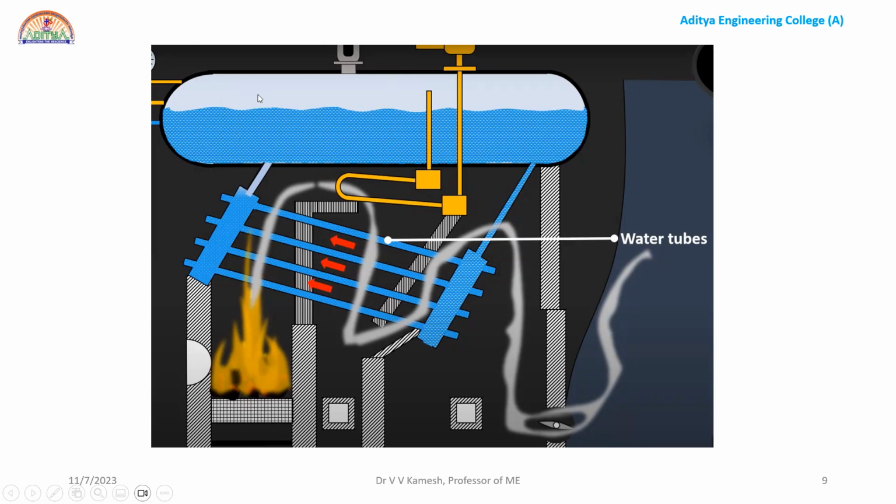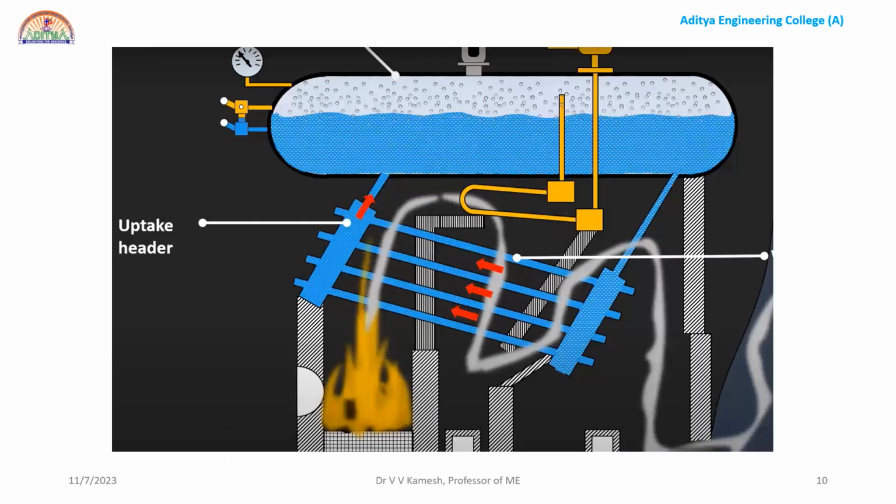It will go to the drum. Again, the water from the drum's remaining area will come to the down header, and due to the density difference, the water will go up, and automatically this will be circulated until you are getting steam completely at your required area and the required quality. Now this is the way you have the gas flow and water flow.